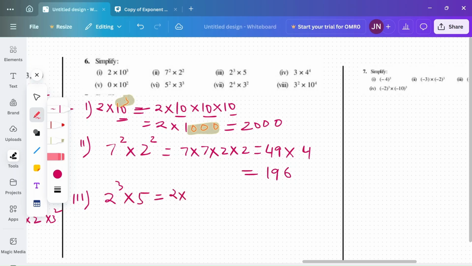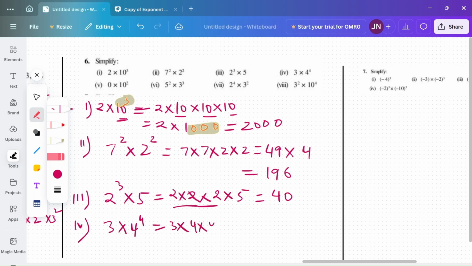So you can write it as, 2 twos are 4, 4 twos are 8, 8 fives are 40. Then fourth is, so 12, 48 times 4.